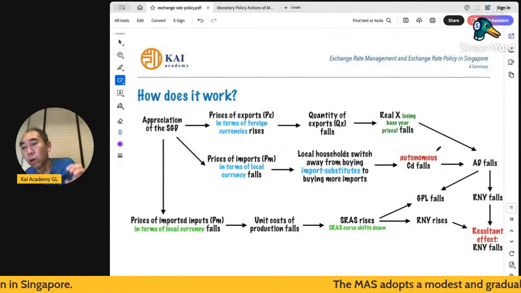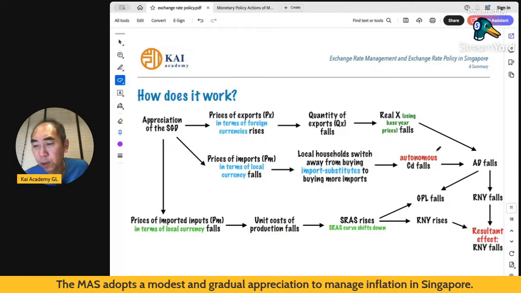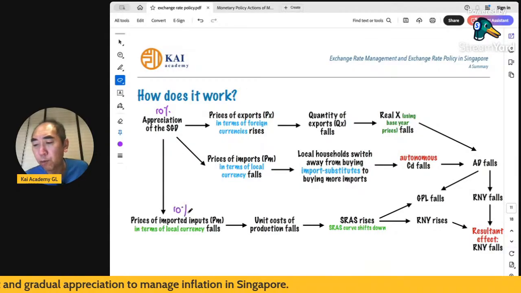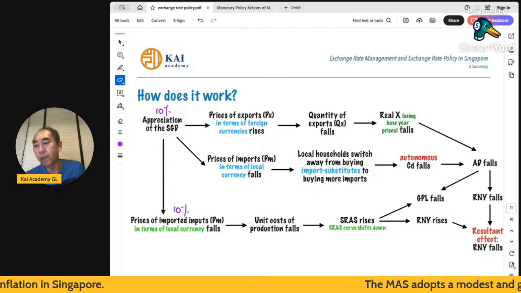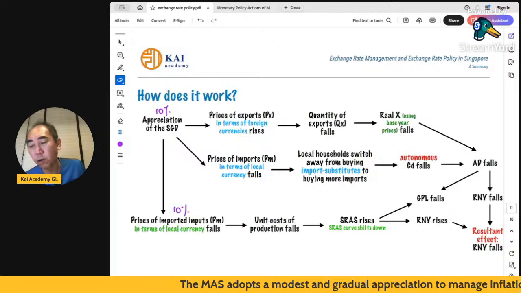Now, on the AS side, when you appreciate the currency, the imported inputs also become cheaper. So let's say you have a 10% appreciation of currency, imported inputs also become 10% cheaper. This will lead to unit cost of production falling and the SRAS curve shifting downwards to reflect the lower cost of production.